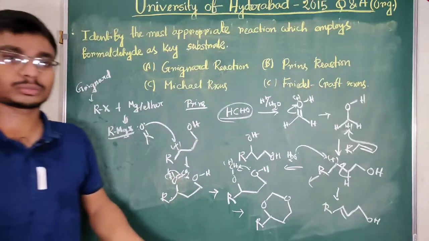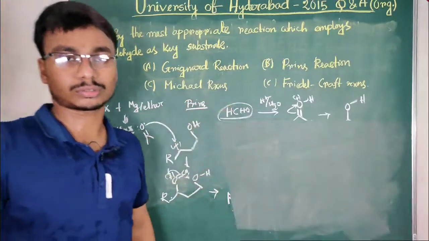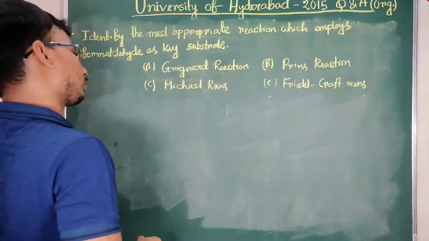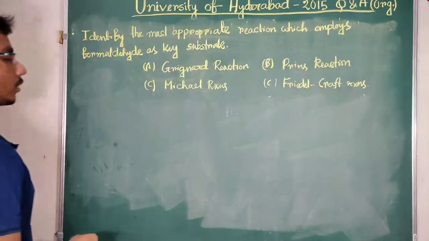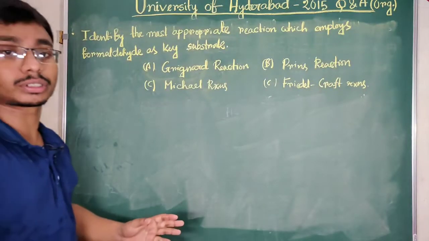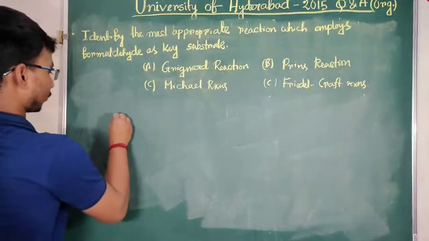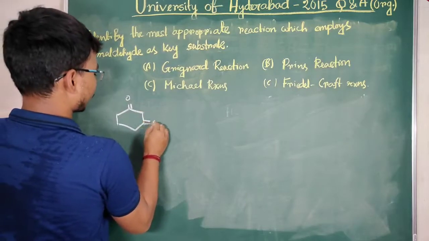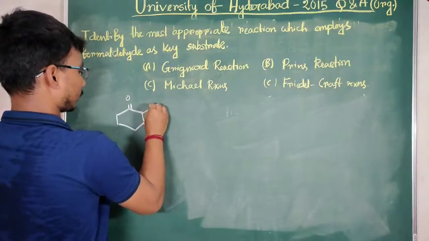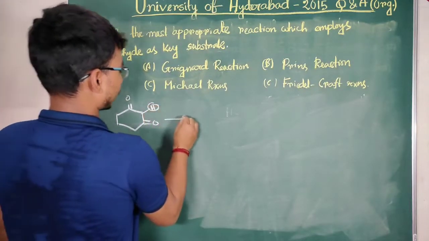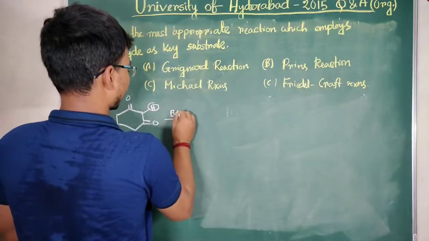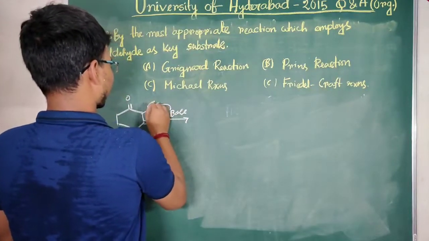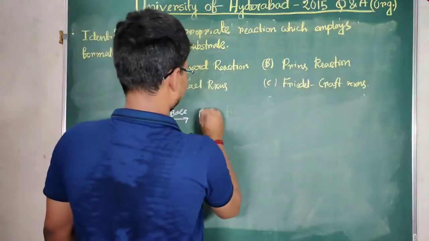And we also know the other reactions. The nucleophilic attack on the alpha beta unsaturated carbonyl, which is attached to an electron withdrawing group. So let's take a compound like this, and you treat with a base and extract it, extract the proton to form a negative charge.